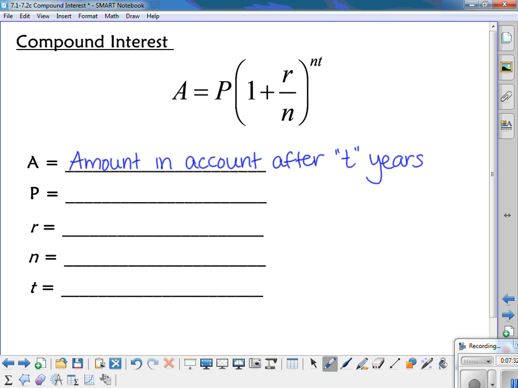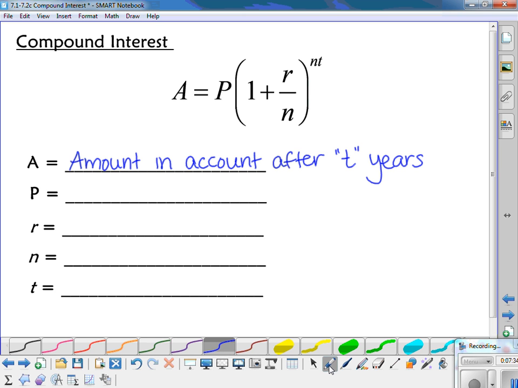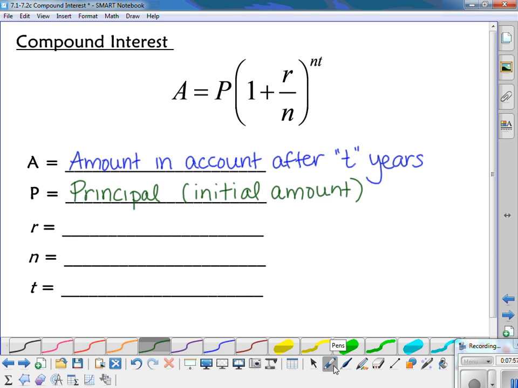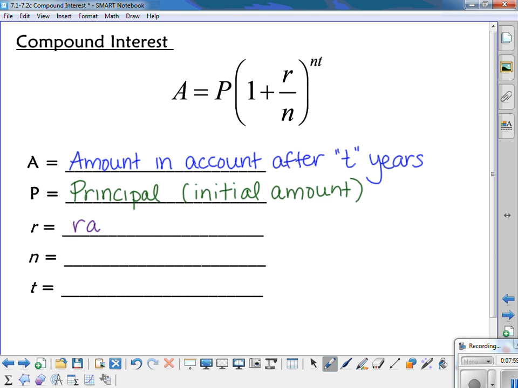And then P stands for principal. The principal is how much money you put in the bank, the initial amount. Or again, in the case of a loan, it's how much money you borrowed. R is your rate. Again, it has to be as a decimal.